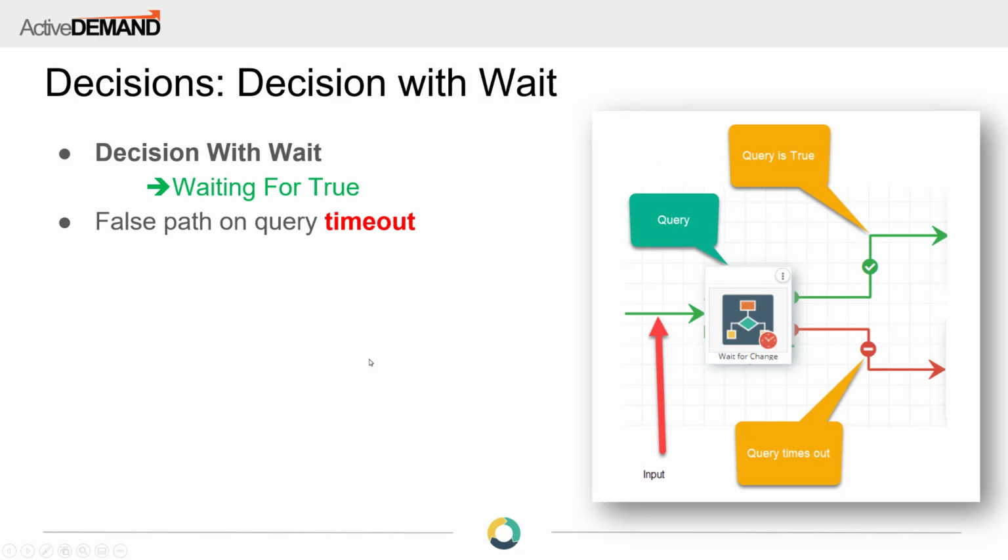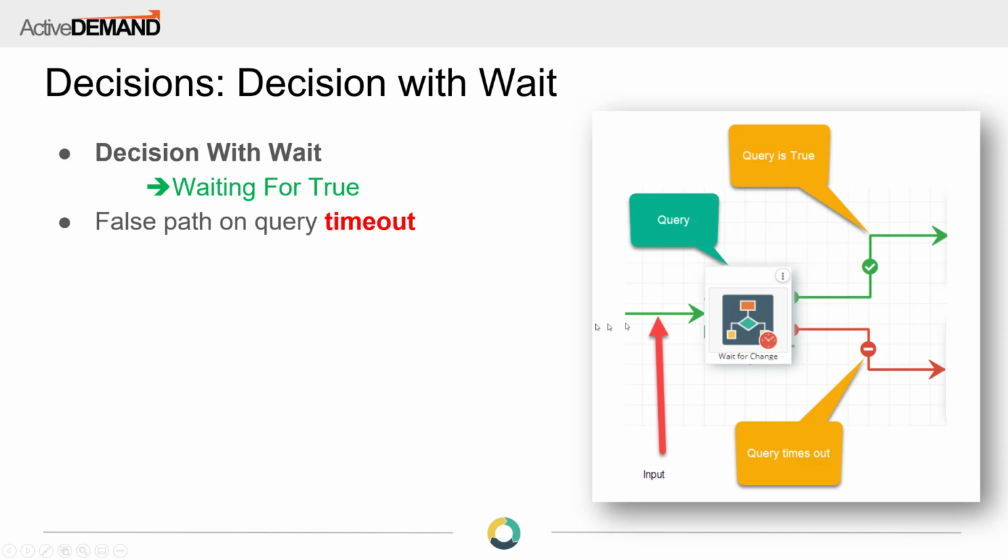Now, the next type of decision is a decision with wait. Really, this specific decision type, again, has the input wire, and we do have two exits: a true exit and a false exit. The difference between the basic decision and the decision with a wait is that there is a time element where we're waiting for this query to be true.